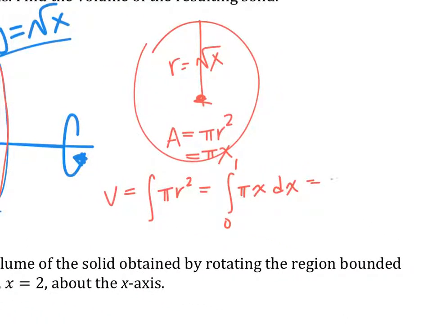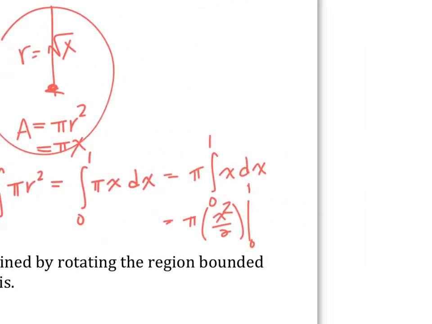All right, so now let's go ahead and solve this. So this is pi, always take out the constant, so pi from 0 to 1 x dx. So that is pi x squared over 2 evaluated from 0 to 1. So that is pi over 2. So this shape has a volume of pi over 2.